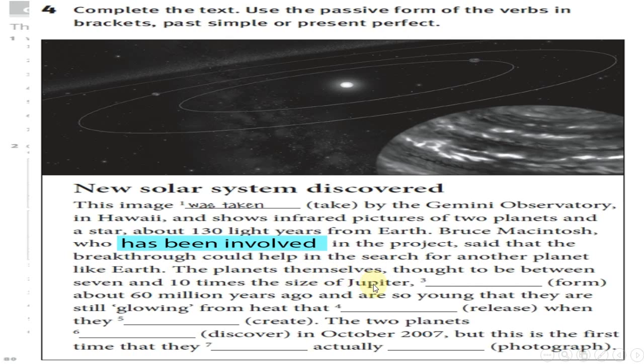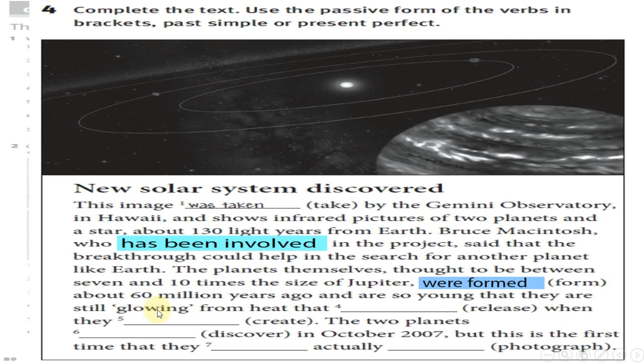The planets themselves are thought to be between 7 and 10 times the size of Jupiter. They were formed in space about 6 million years ago and are so young, so were formed all these years since, you see, 6 million years ago.